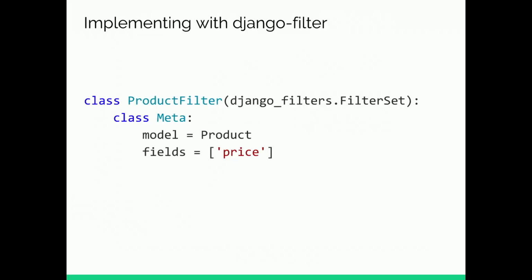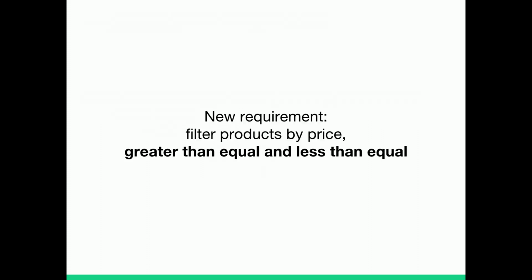So for example, you just use Django Filter to allow filtering products by price. It's very easy. It's very little work, but not too much benefit for other use cases, only for this use case of exact price. Then someone comes and says, hey, we have a new requirement. It's not only filtering by exact price, but filtering by greater than or equal and less than or equal price.